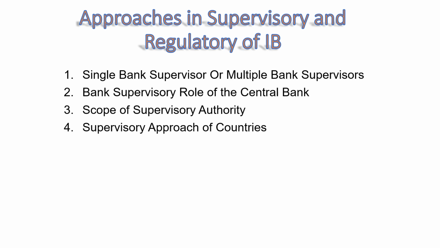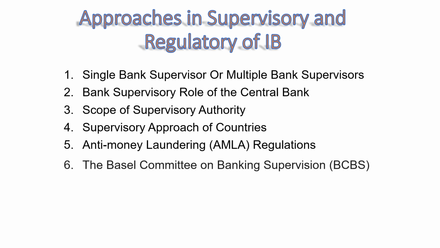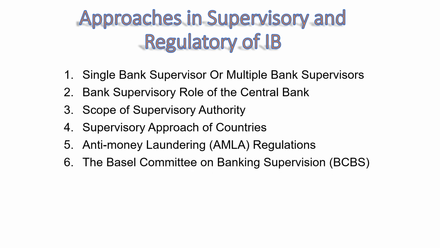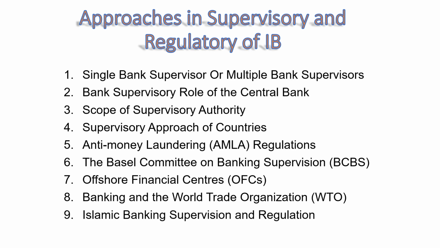Fourth, supervisory approach of countries. Fifth, anti-money laundering, AMLA, regulations. Sixth, the Basel Committee on Banking Supervision, BCBS. Seventh, offshore financial centers, OFCs. Eighth, banking and the World Trade Organization, WTO. And ninth, Islamic banking supervision and regulation.